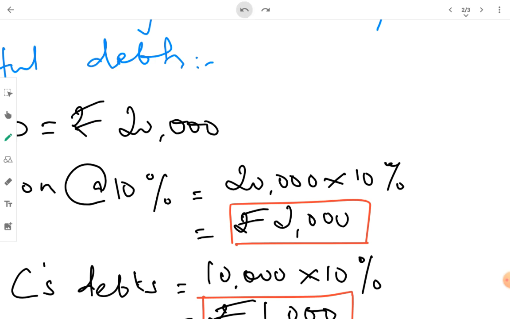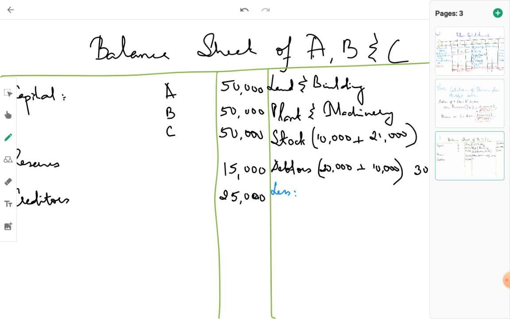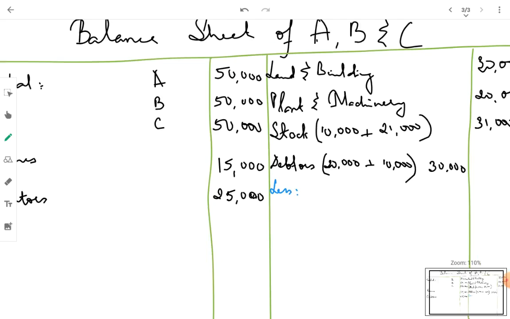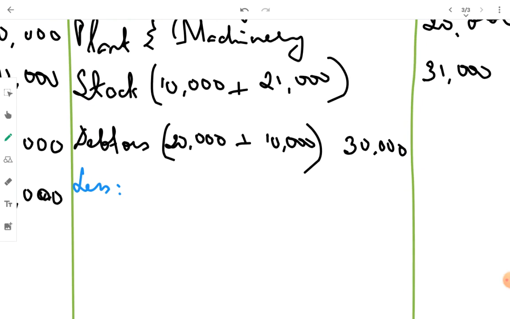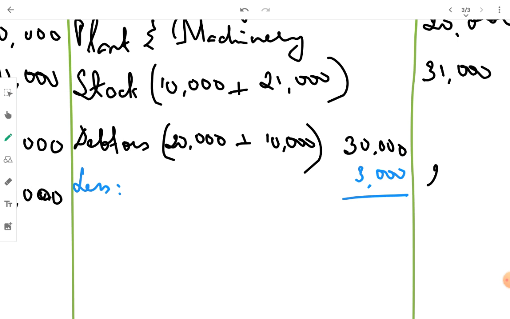We saw rupees 2,000 and rupees 1,000. So total provision is going to be rupees 3,000. So write down less provision for doubtful debts, rupees 3,000. Okay, so that will give you rupees 27,000.